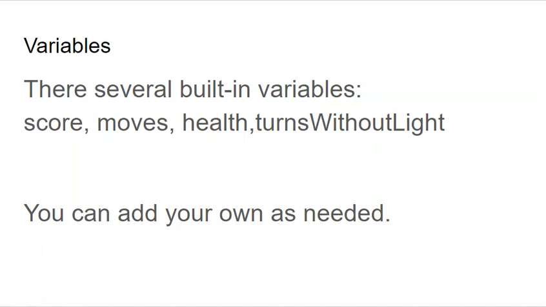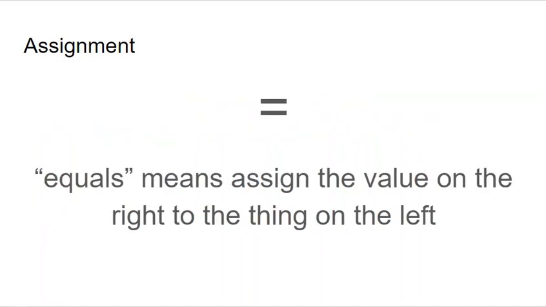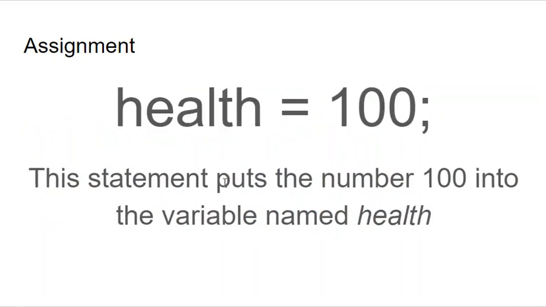So how do you set the value of a variable? Well, you can set it to its initial value inside of Lantern, but in the code, you can change the value using the equal sign. So in this example here, I'm assigning the value of 100 to health. The single equal sign means take the thing on the right and put it in the thing on the left. And notice that this statement ends with a semicolon.